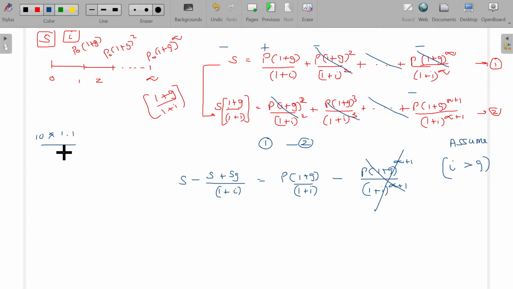In the denominator, the interest rate is 20%, 1.2. If in the numerator you make it one number, it's pretty simple: 1 into growth rate 1.1 divided by 1.2. So here the growth rate is equal to 10%, the applicable interest rate being 20%. So in the numerator 1.1, denominator 1.2.